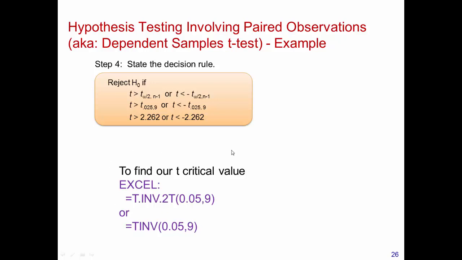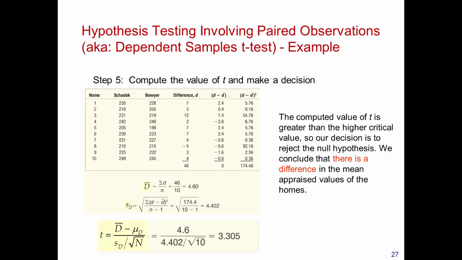So step 5, we're going to go ahead and collect our one little sample to find out what we got. We're going to compute the value of t to make a decision. We're going to see with our sample how likely it was that we got what we got. And if it was really unlikely, we're going to call baloney on the assumption that nothing is going on.